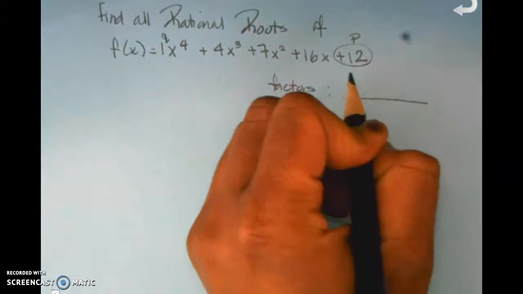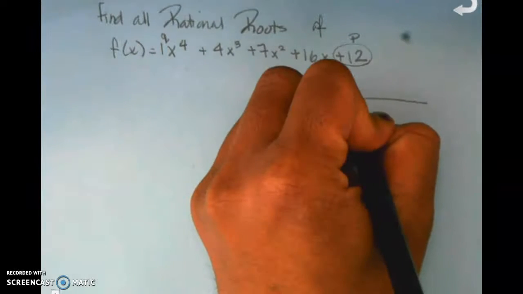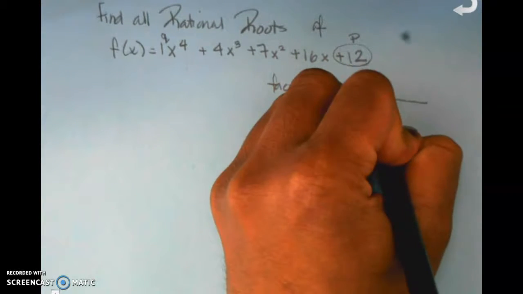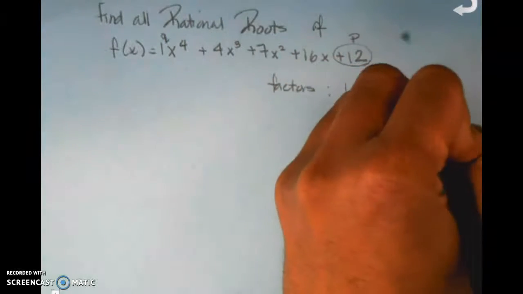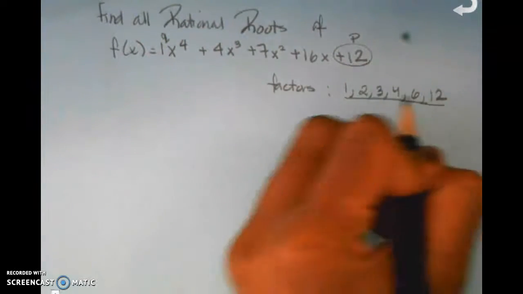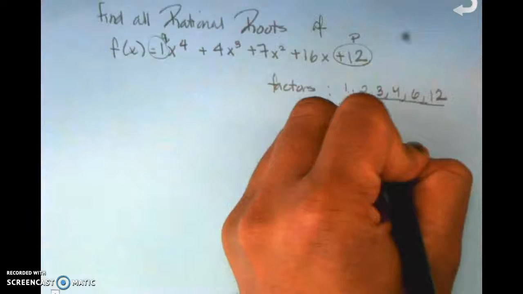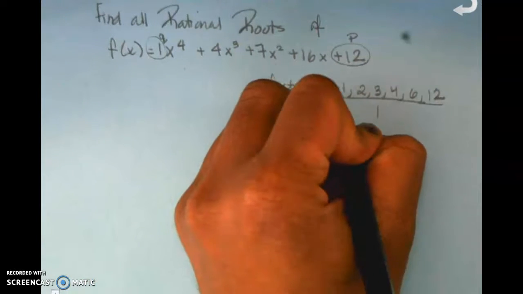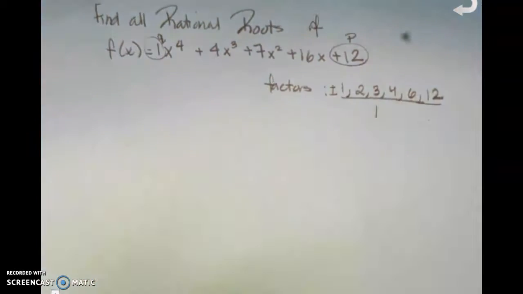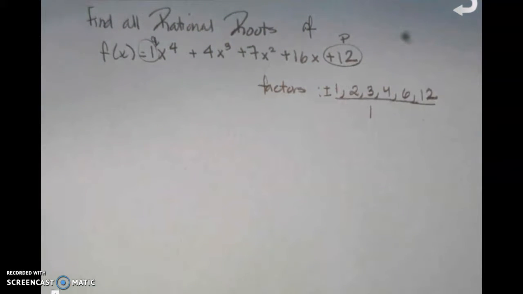What are the factors of 12? Well, the factors of 12 are 1, 2, 3, 4, 6, and 12. And the factors of 1, yay for us, are just 1. The other thing that I want to note is that these can be the positive or the negatives of these numbers. Now, because it's only over 1, we're kind of winning a little bit.